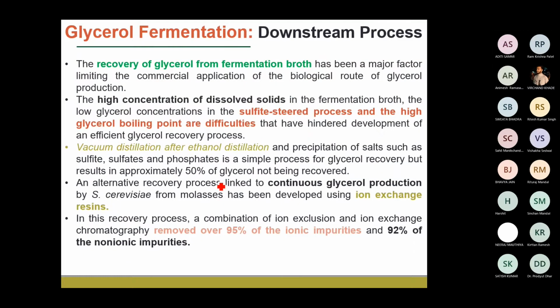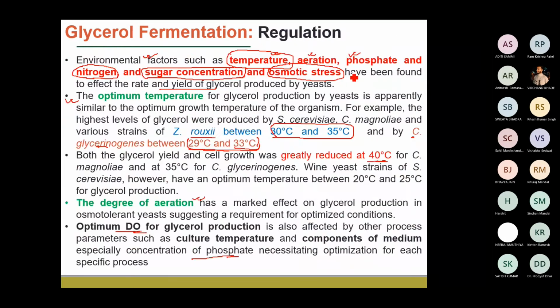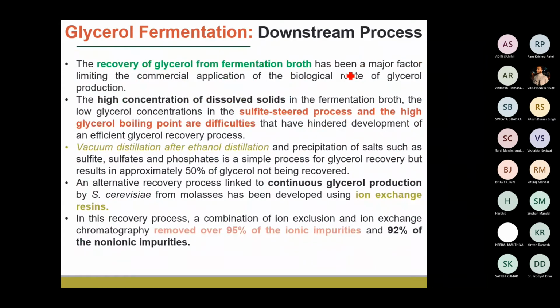The other thing is that optimization is important not only in the fermentation process, but also in the extraction. Like we have talked about the carrier distillation process, which has led to an improvement in production by almost 99%. Depending upon that, there are different processes. One is the use of ion exclusion and ion exchange chromatography, which is able to remove the ionic impurities that are present.